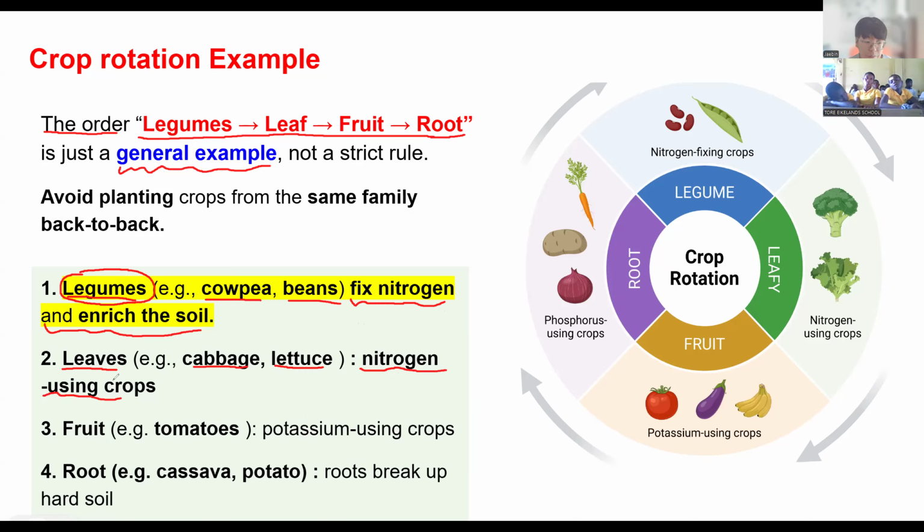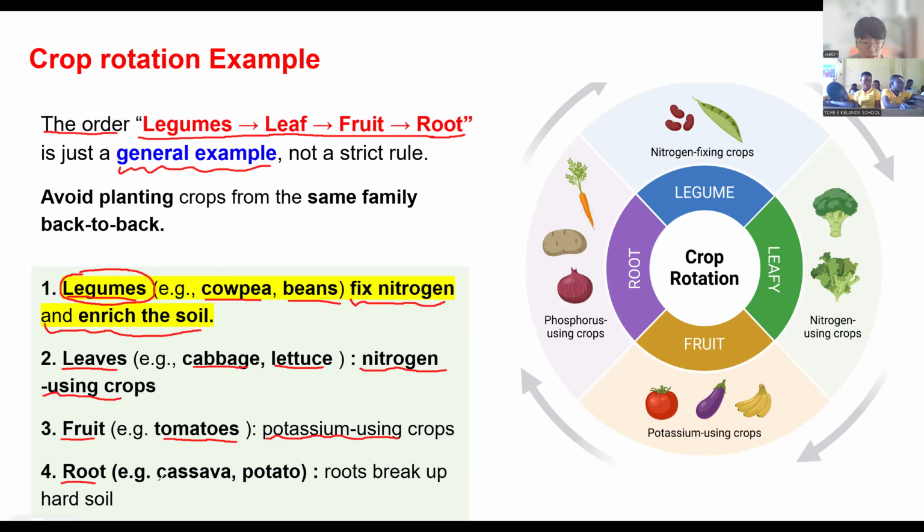And after the leaves, there come the fruits, things like tomatoes, bananas, etc. And they use potassium to grow, mostly. And then after that, there come the roots. These are the last part of the crop rotation cycle.